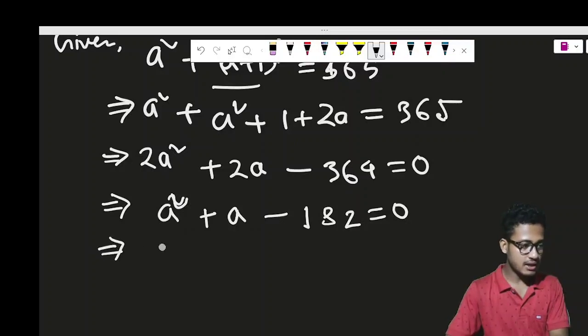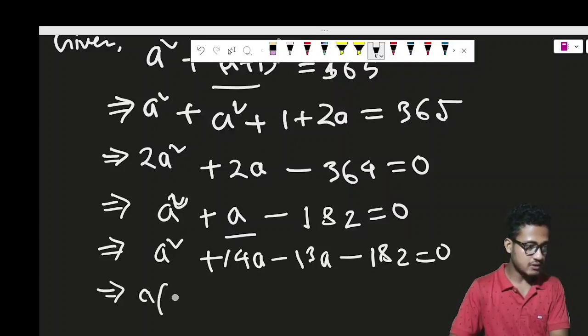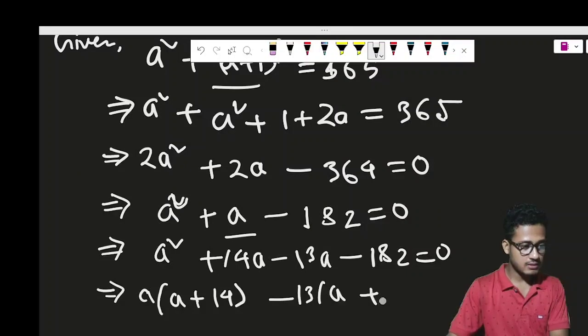This will imply a square plus 14a minus 13a minus 182 is equal to 0. This will imply a into a plus 14 minus 13 into a plus 14 is equal to 0.